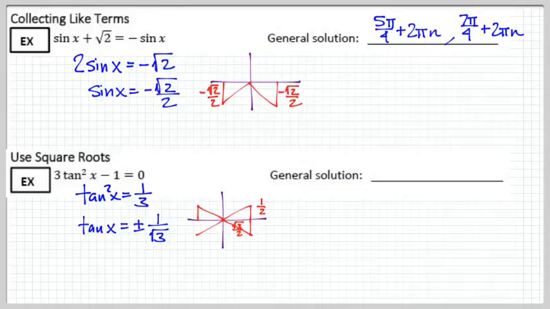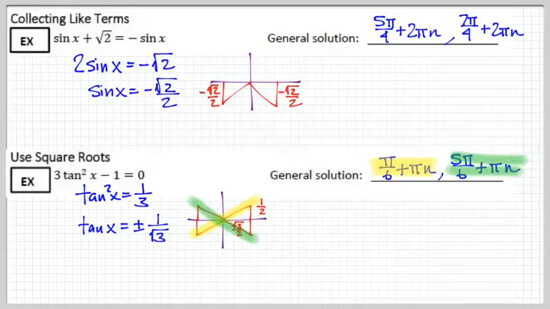So the general solution we have for this would be two solutions, pi over 6 plus pi n, as well as 5 pi over 6 plus pi n. In this case, pi over 6 plus pi n is these two angles in yellow here. This angle going this way, pi over 6, and then we have this one over here, which is 7 pi over 6, but you can see that it's just taking this angle here, pi over 6, and adding pi to it.